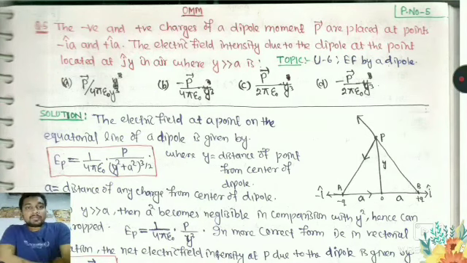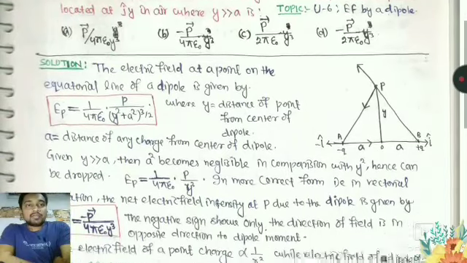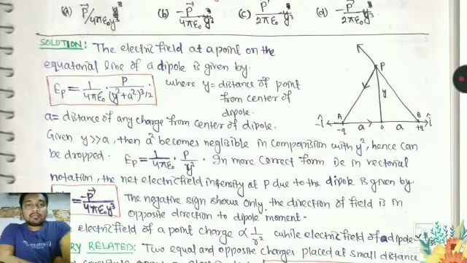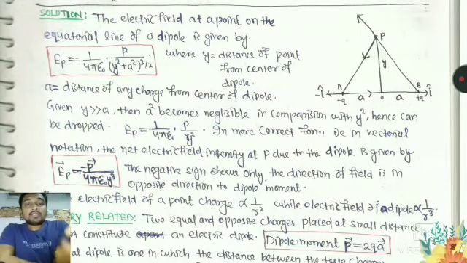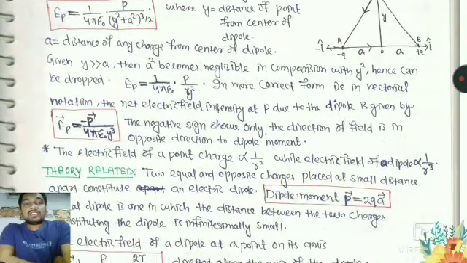But given y is very much greater than a, so we can neglect a square in comparison to y, and we get E P, that is the electric field at P, is 1 by 4 pi epsilon 0, P by y cube.